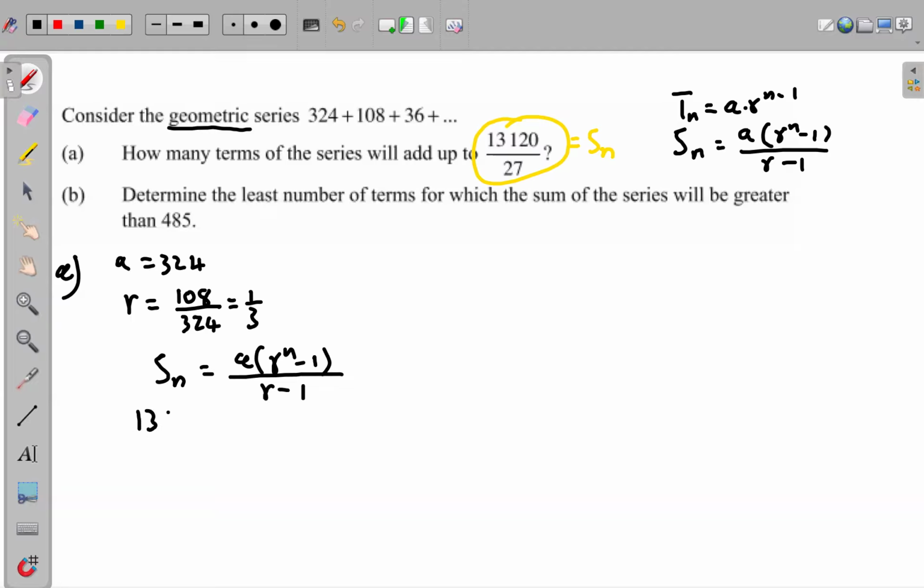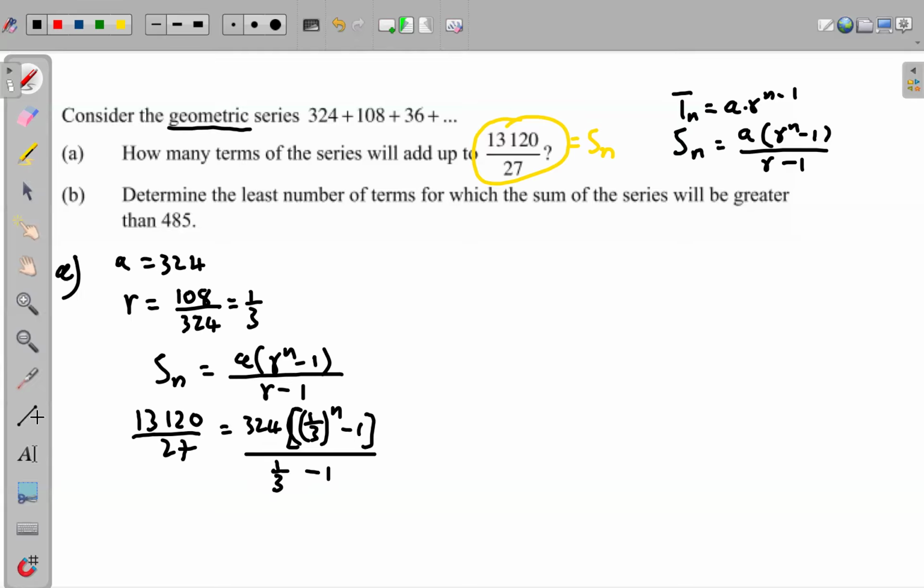These terms have added up to 13,120 over 27, and then a is 324. It's a Sunday, so I need someone to verify my calculations. Last time I made an error, and it was spotted after the lesson. So I hope I do have a VAR check somewhere in this room. Who's going to check? You see, I'm writing a half instead of a third. So I need somebody to be very alert. Okay, cool. So this is what I've got now.